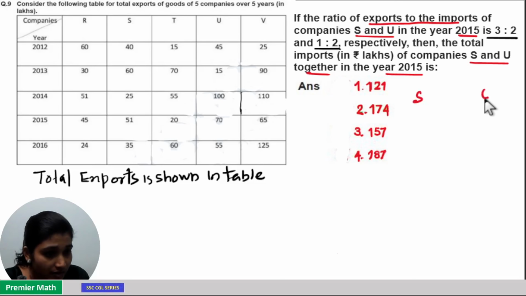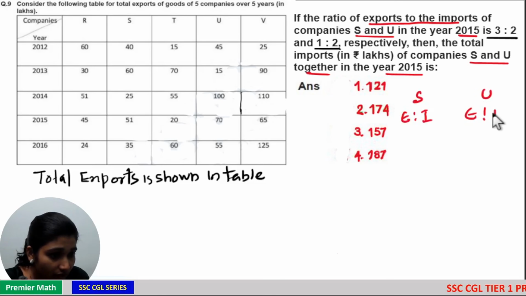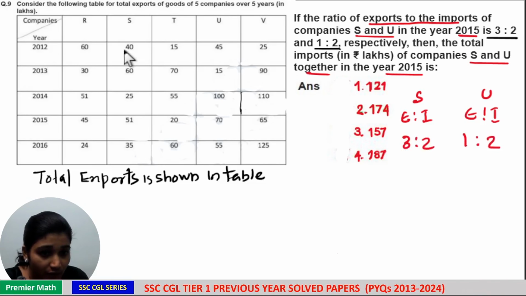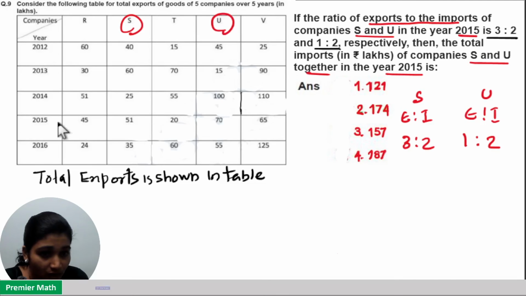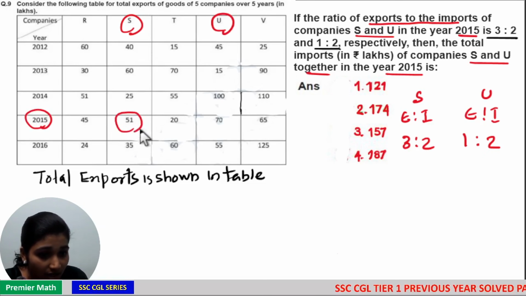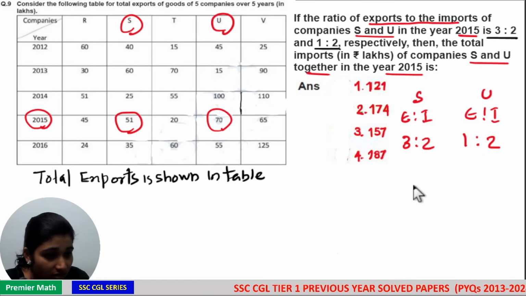Here this is S and this is U. Now the export to import ratio is given. In 2015, export to import ratio for S is 3:2 and for U is 1:2. Export of 2015 for S and U is given as 51 and 70 units respectively.